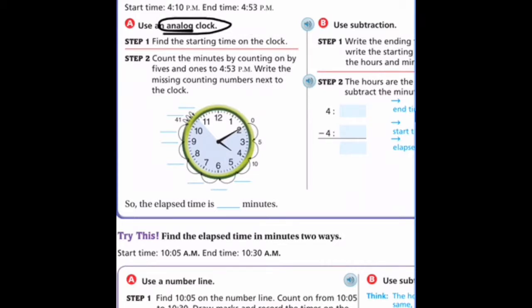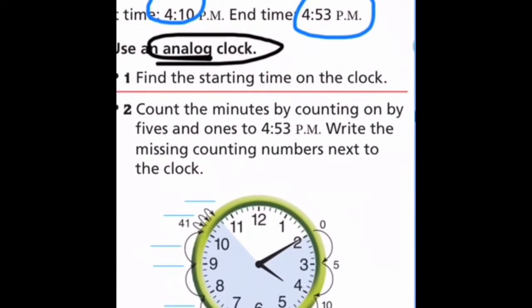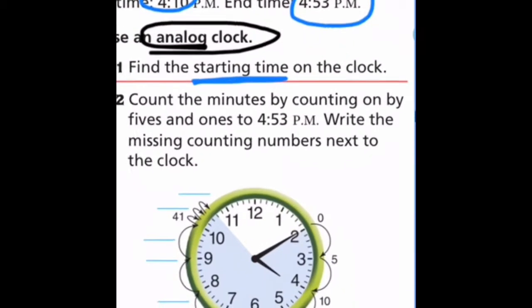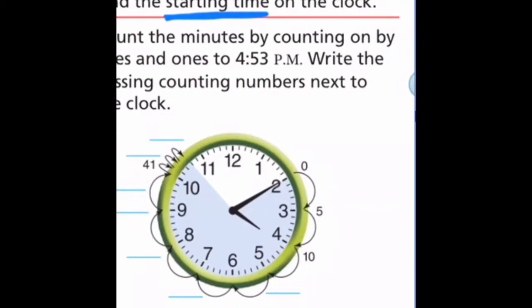Okay, so again, we're still starting at 4:10 p.m. and ending at 4:53 p.m. We should get the same answer, right? Okay. Find the starting time on the clock. The starting time on the clock was 4:10 p.m. So here, the hour hand is pointing pretty much at 4, the minute hand at the 10-minute mark.